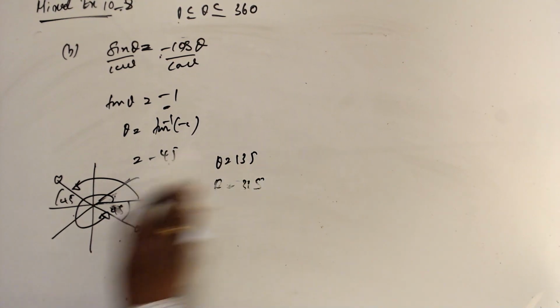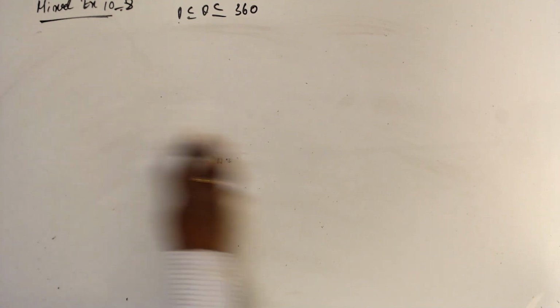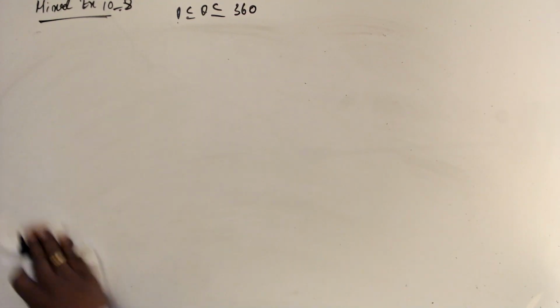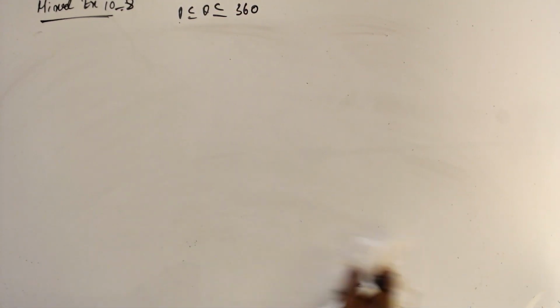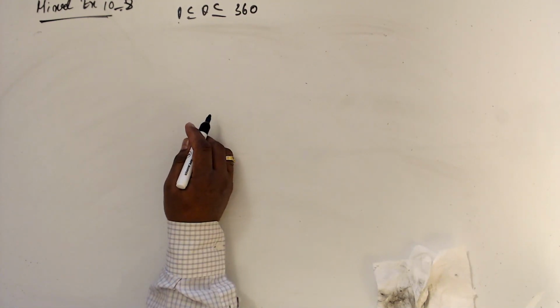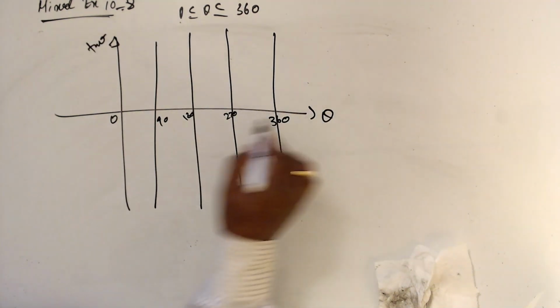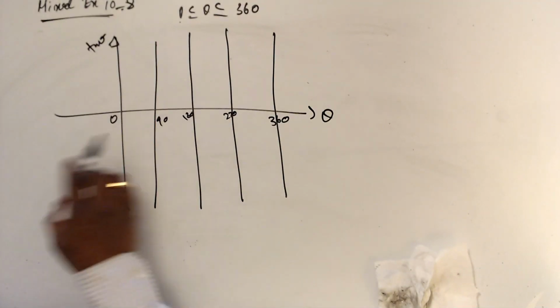In this kind of situation, you have to draw the tan graph. This is tan theta for theta from 0 to 360.